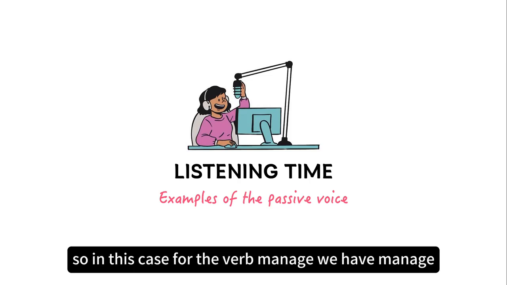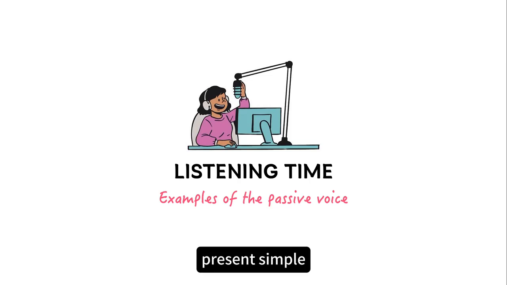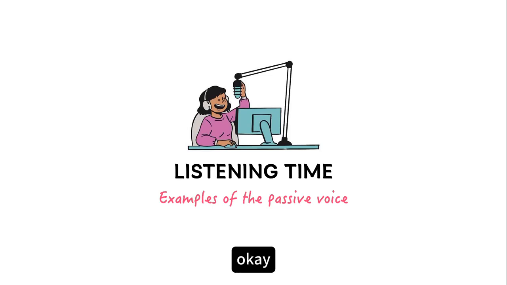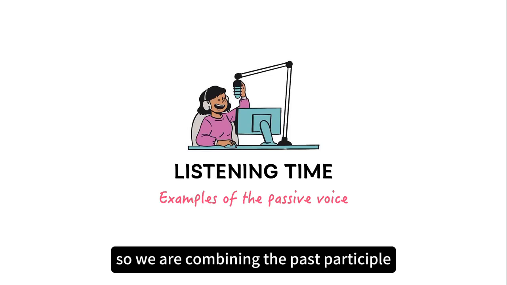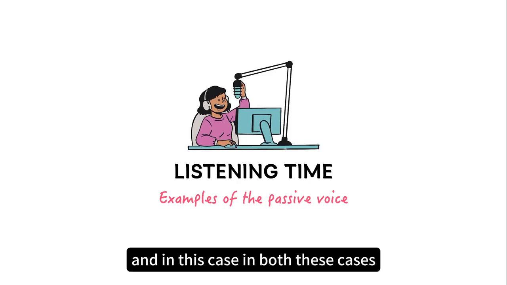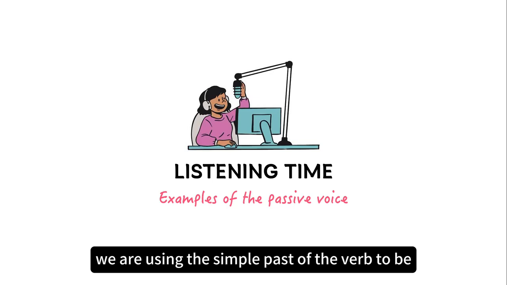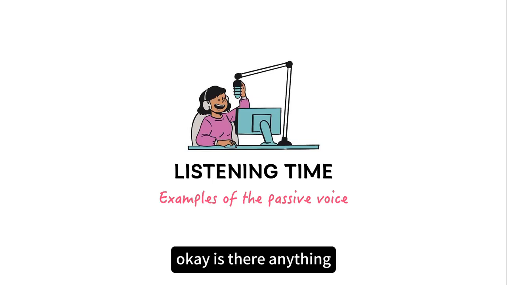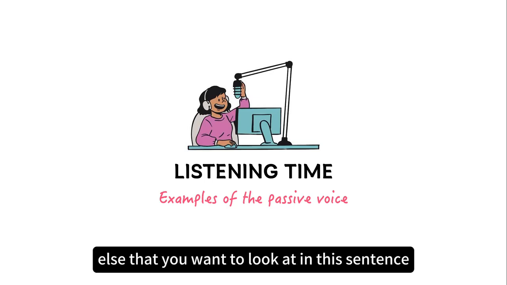So in this case, for the verb manage, we have manage, present simple, managed, past simple, and managed, past participle. Okay. So we're combining the past participle with the part of the verb to be. And in both these cases, we are using the simple past of the verb to be. Exactly.